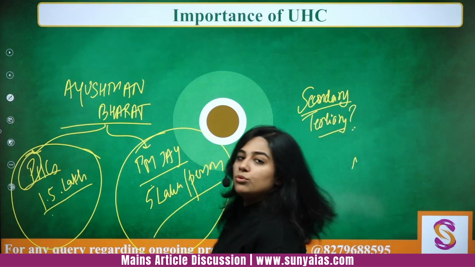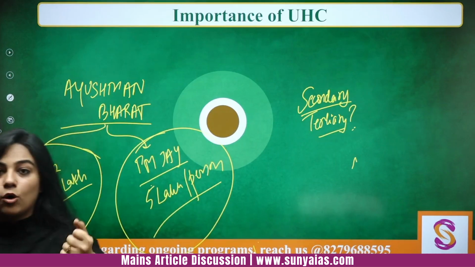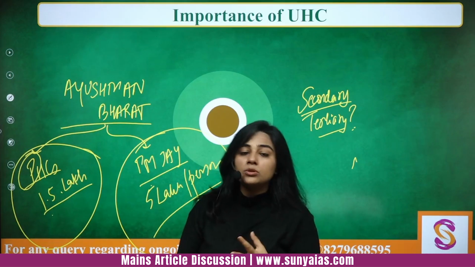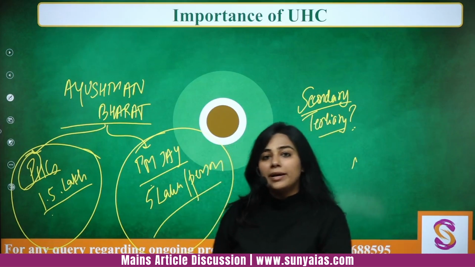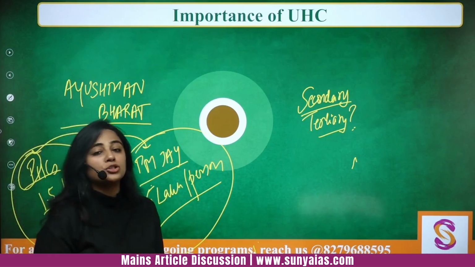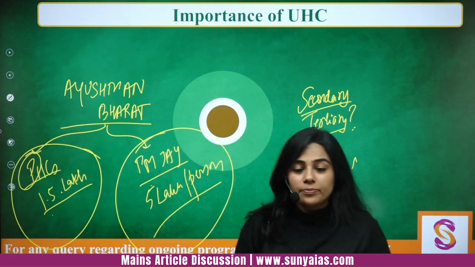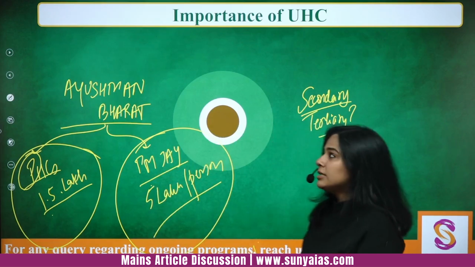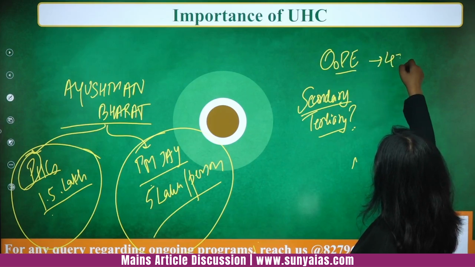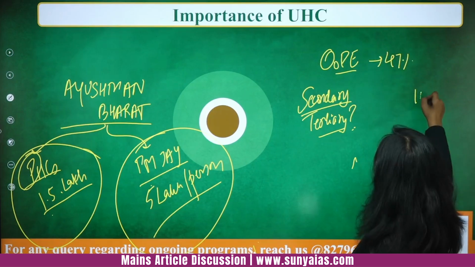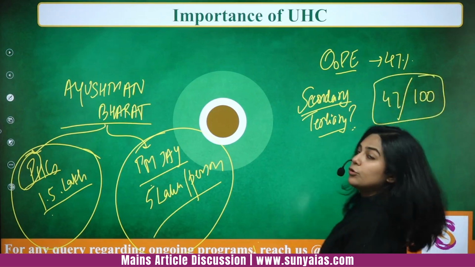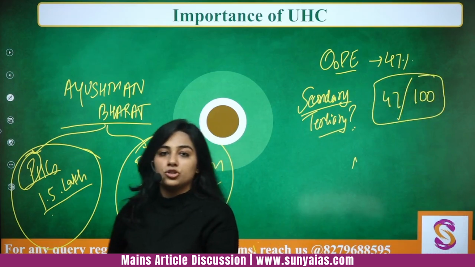I do not wish it on any one of you, but whoever gets admitted into the hospital, it is the most stressful time, not because of the medical conditions only, but also because of the amount of money that you will have to shell out, especially if you are not insured. Even if you are insured, out of pocket expenditure in India is very high. It is 47%. So if you are spending 100 rupees, out of that 47 rupees goes out of your own pocket, even if you are insured.